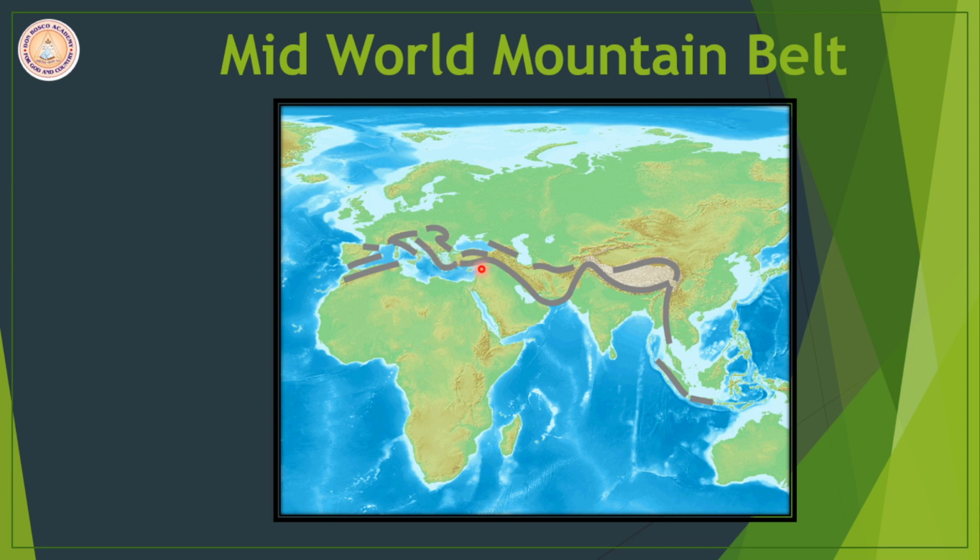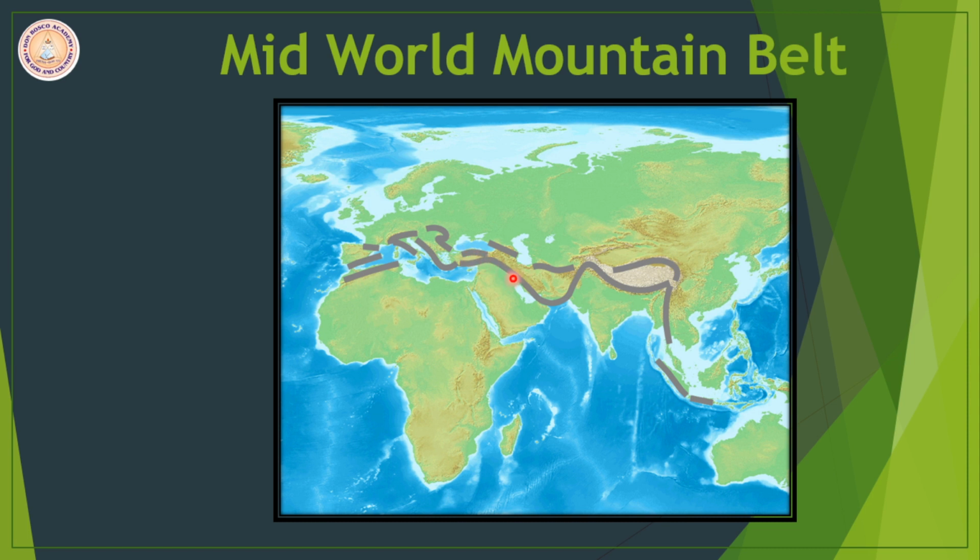Then it moves further, passes through Iran, parts of Himalayas, turns towards the south and merges into the circum-Pacific belt in Indonesia. Now here there are less number of active volcanoes.